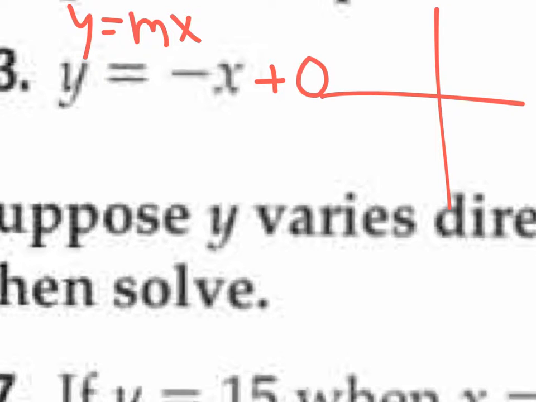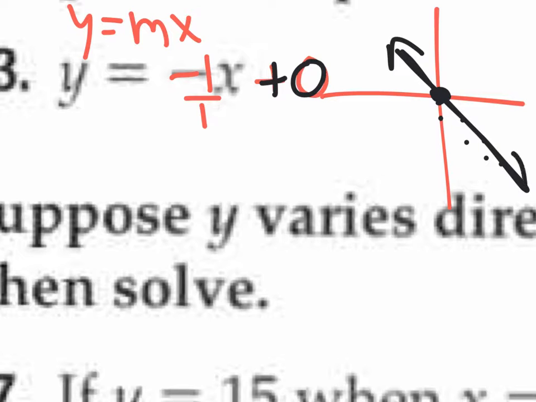So if I look at this guy, my m value, my slope value is -1 over 1. So we start at the origin because of this +0 that we added on there. And you're going to go down 1 over 1. And if you kept going down 1 over 1, down 1 over 1, you end up with this line right here.